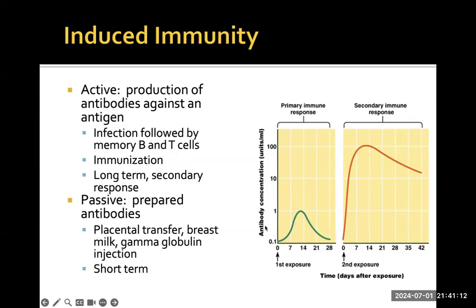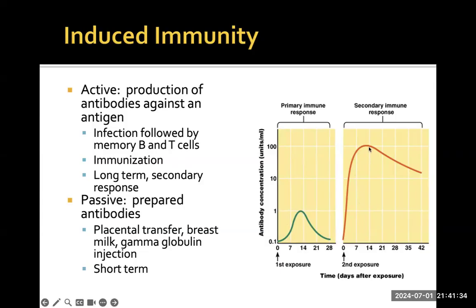when first exposed, antibody concentration is relatively low, right? It only gets up to about 1 unit per milliliter. Upon second exposure to that same pathogen, look at how fast and how high the antibody concentration goes. It goes up to 100% in 10 units per milliliter, which is crazy fast, right?